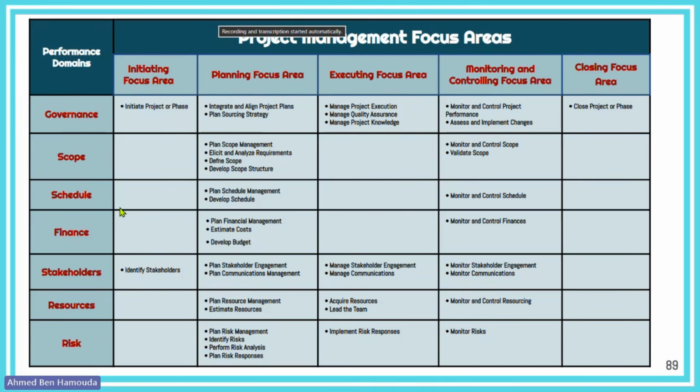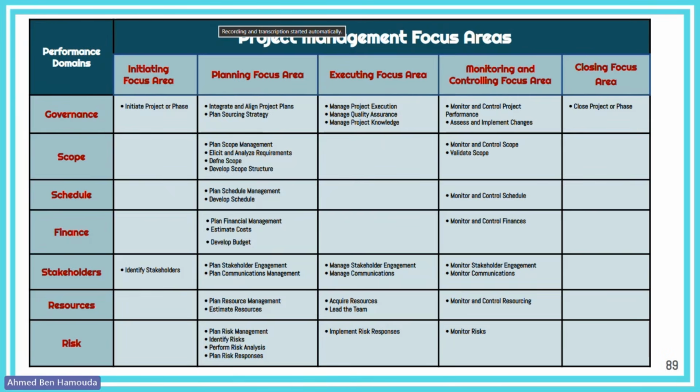All right. For stakeholders, already early in the project, since initiating, you will identify your stakeholders. You will plan the stakeholder engagement. And now this is a tough one. I think one of the toughest things, really. I mean, please remember this, guys. One of the toughest things you need to do as a project manager is to plan properly for the stakeholder engagement, and ensure stakeholders are properly engaged throughout the project every single day.